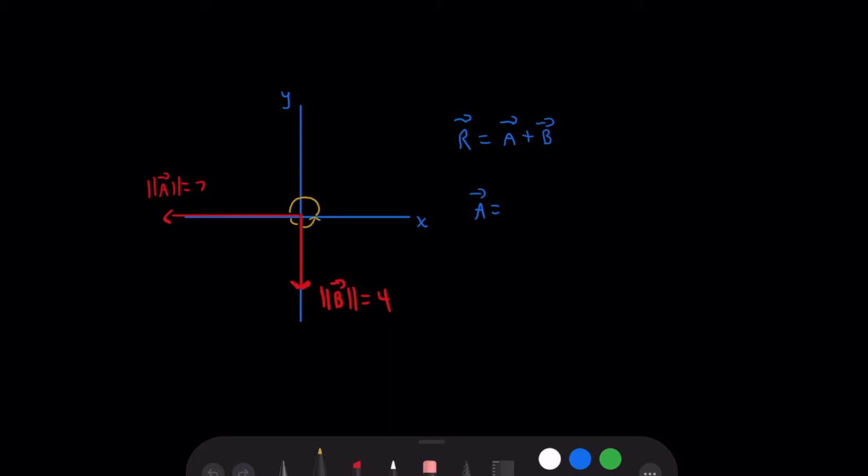It's going to rotate in that direction. And so in the case of vector a, we can look at this as a degree theta equal to 180 degrees.